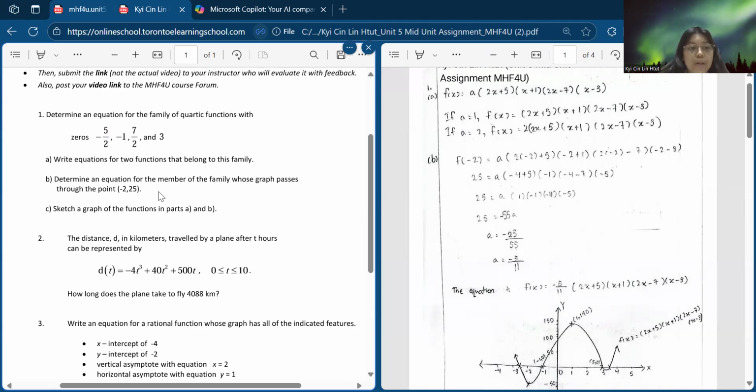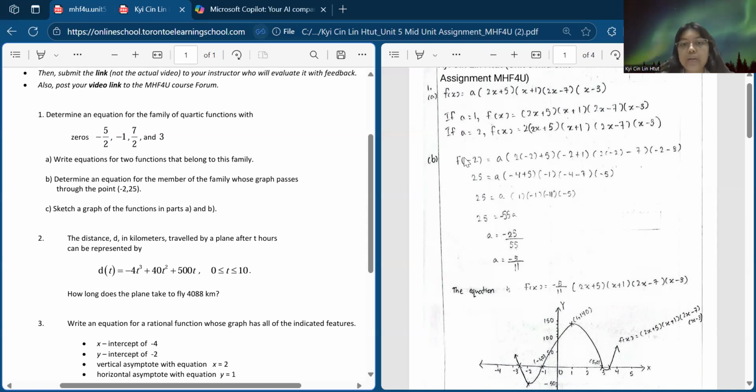Now, question B asks us to find the equation of the member of the family when the graph passes through the point (-2, 25). So if I substitute -2 in the position of x, then the result, which is y, will equal 25, which is why I do that.